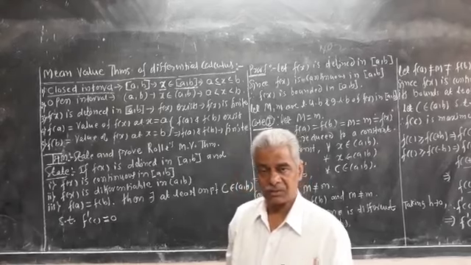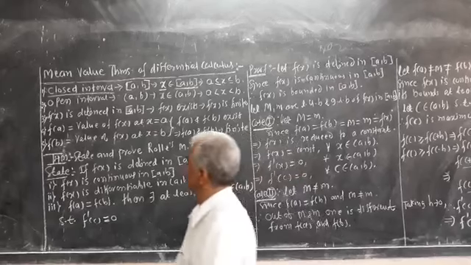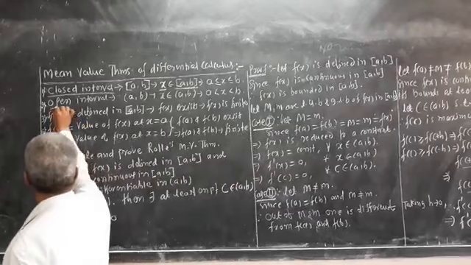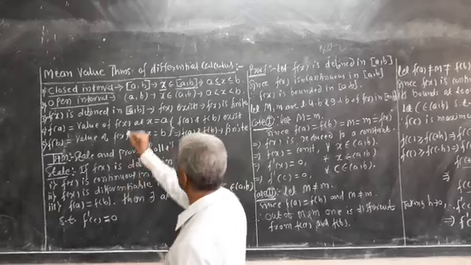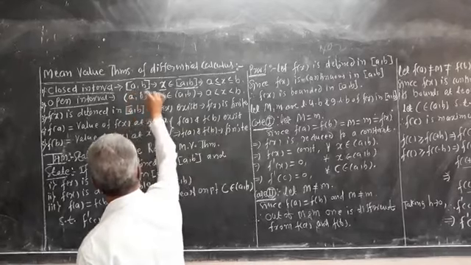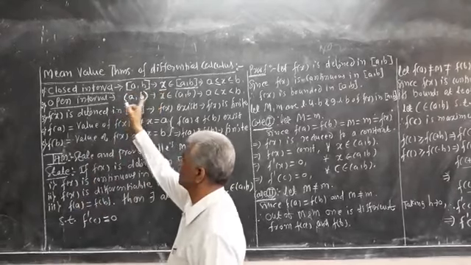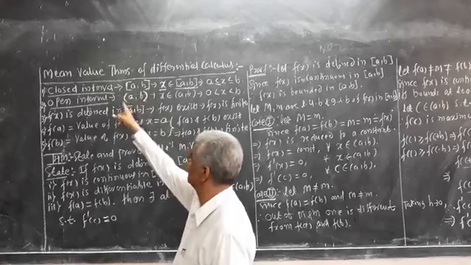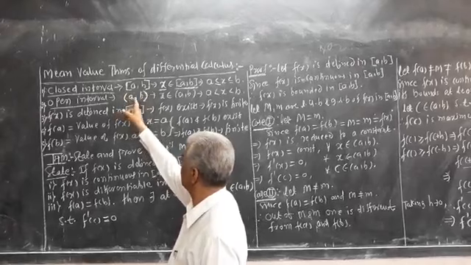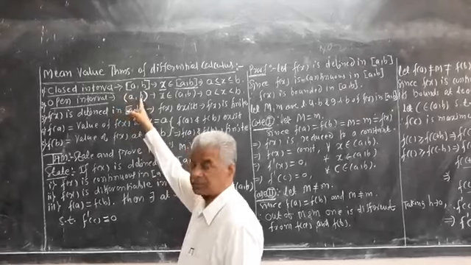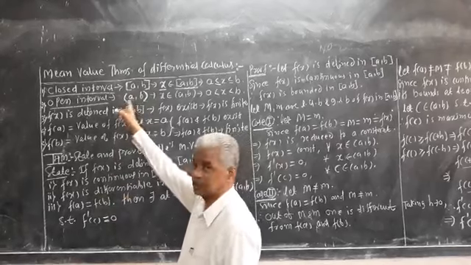Then we have the second type of interval, which is called open interval. The open interval is denoted by this notation, which represents the open interval of A and B. Then what is meant by open interval?